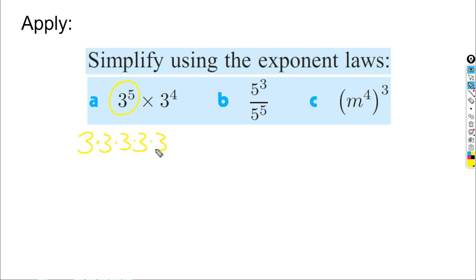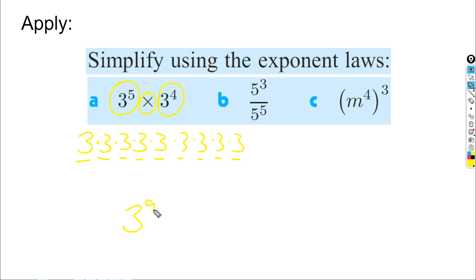And then you can see that we are multiplying by another 4 more 3's, or 3 to the 4th power. So times 3 times another 3 times another 3 times another 3. And altogether, what do we have? We should have 1, 2, 3, 4, 5, 6, 7, 8, 9 3's getting multiplied together. So 3 to the 9th power.